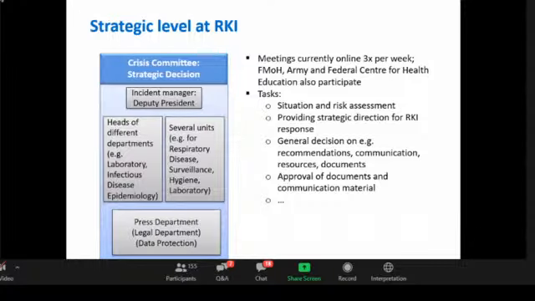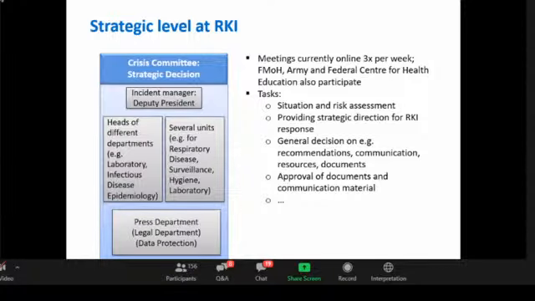And also in this crisis committee meeting, the Federal Ministry of Health, as well as the Army and the Federal Center for Health Education, also participate. And this is also because then, for example, we can exchange what kind of communication message we should have. The task of the crisis committee is the situation and the risk assessment, but also providing the strategic direction for the Robert Koch Institute for the response and general decisions, like, for example, what kind of recommendations do we need?